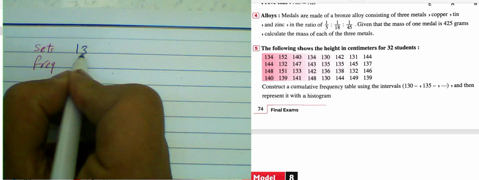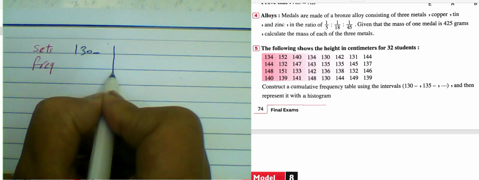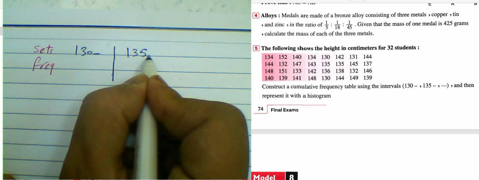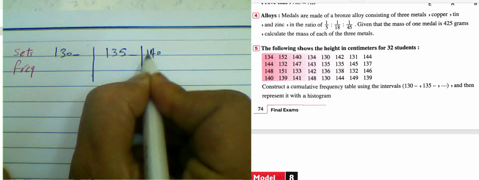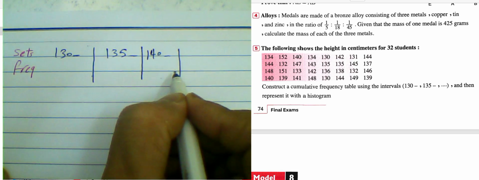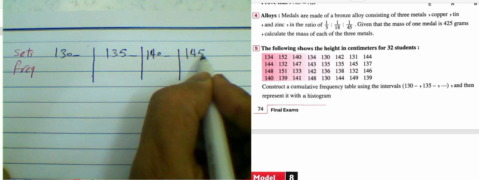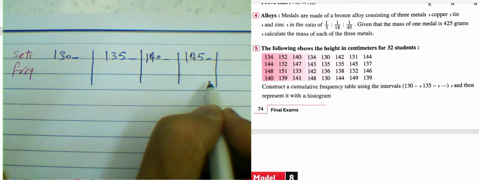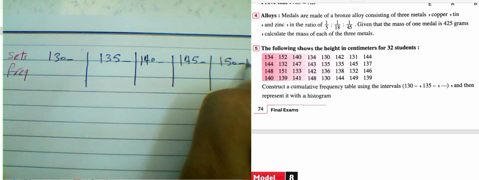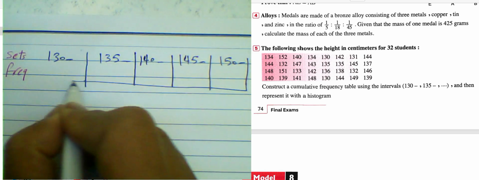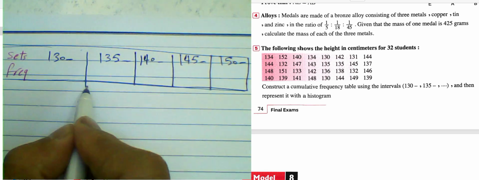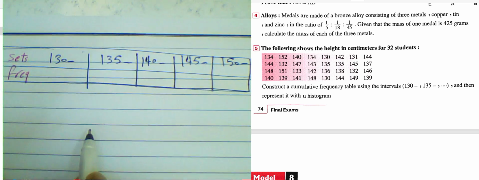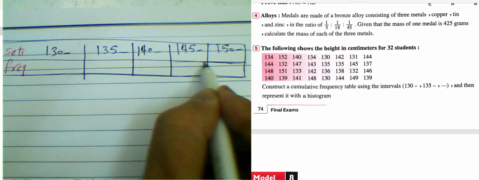He gives us the sets beginning 130 to 135, 135 to 140, 145, 150. Okay, you can draw this table, and then write the result.